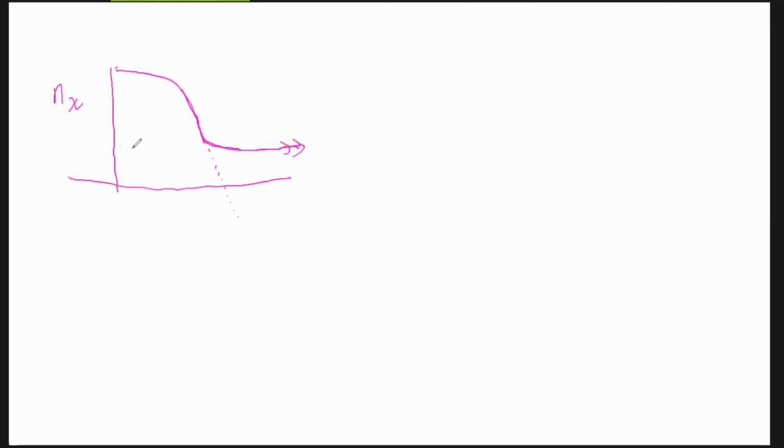This dotted line today is the n naught. Let's call it n naught today.